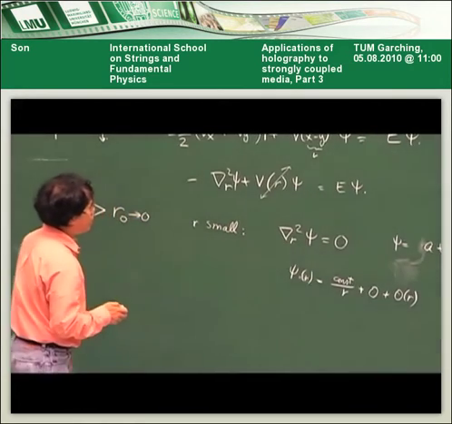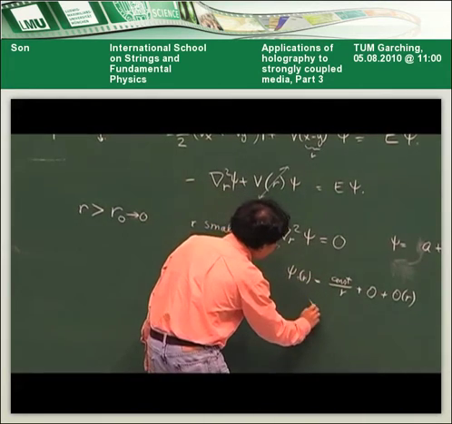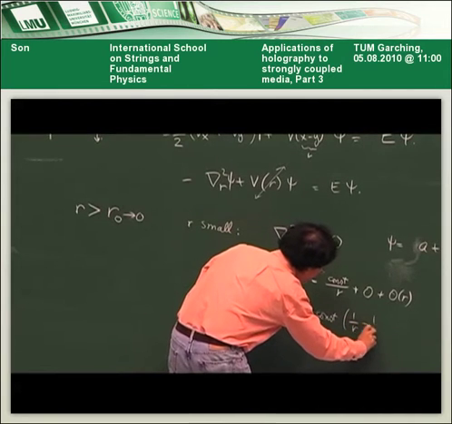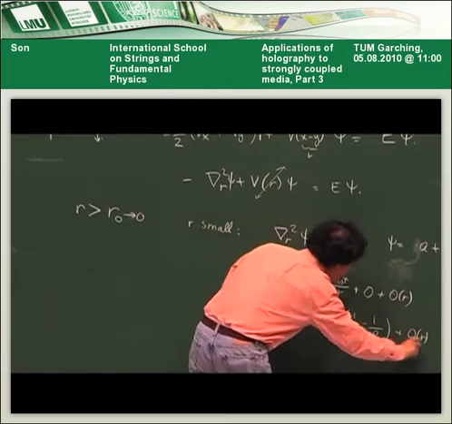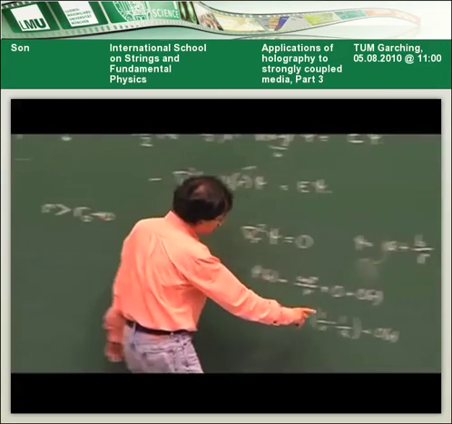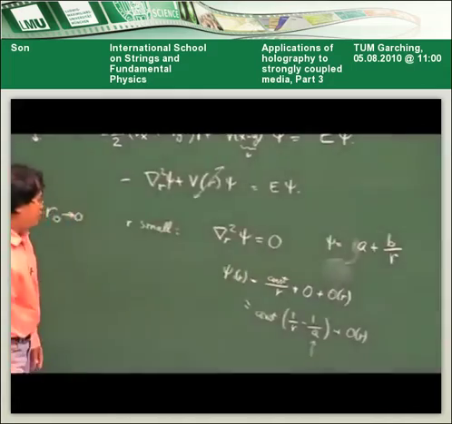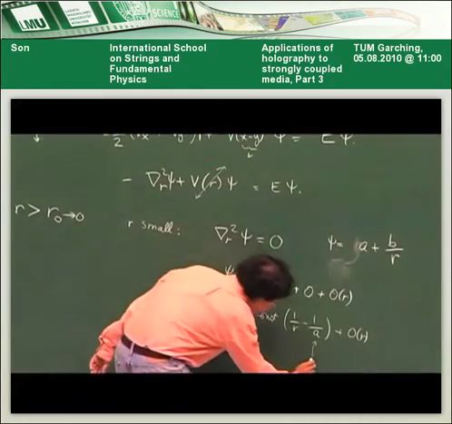Okay. A more general boundary condition would be psi of r equal to a constant times 1 over r minus 1 over a, plus some correction that is of order r. That value a here, in the theory of low energy scattering, is called the scattering length.